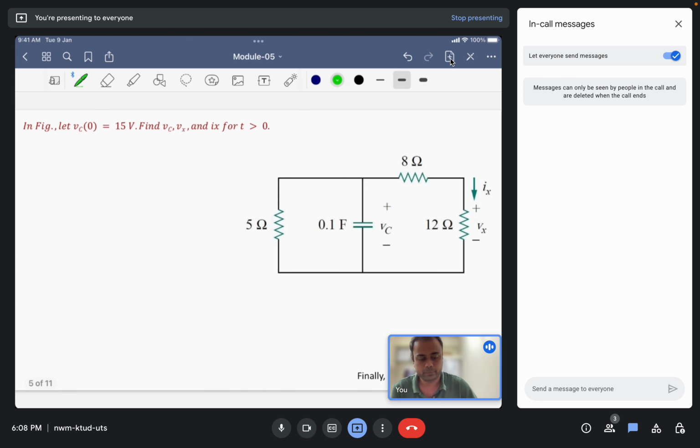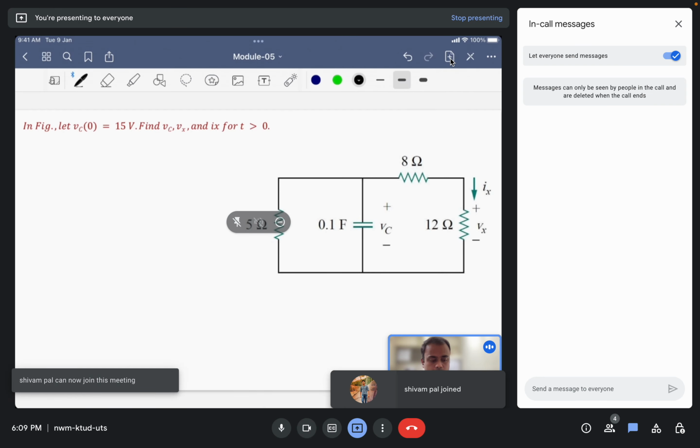So let us solve some problems related to these. The first problem here: in the given circuit, the capacitor has already been charged and the voltage drop across the capacitor is given as 15 volts. We have to find the potential drop across the capacitor as a function of discharge, how the capacitor will discharge.